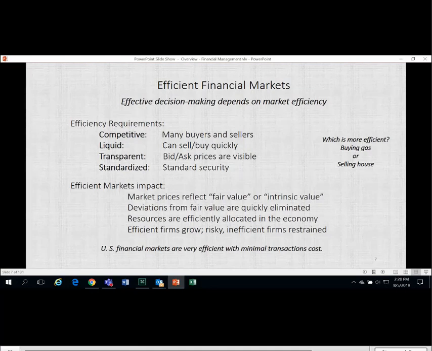In an efficient market, buyers and sellers act to push it back towards intrinsic value. As a result of this, resources in the economy are allocated efficiently, and efficient firms grow because they can attract financing. On the other hand, risky, inefficient firms are restrained. Their cost of financing is very high, and it keeps them from expanding. So the result overall is a more efficient economy. Generally speaking, U.S. financial markets are very efficient with very minimal transaction costs.